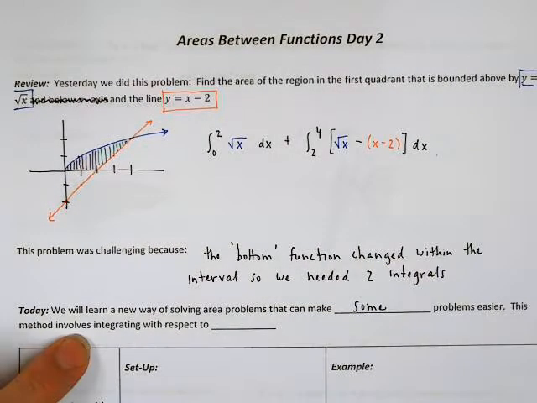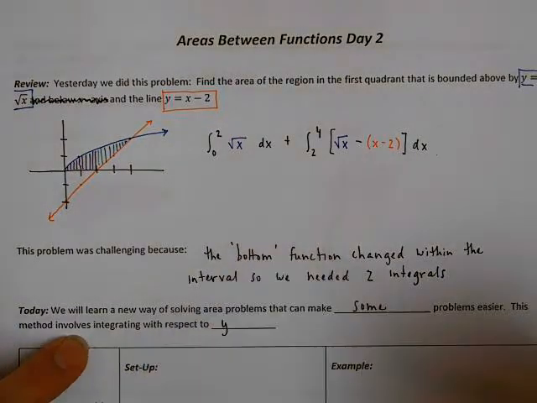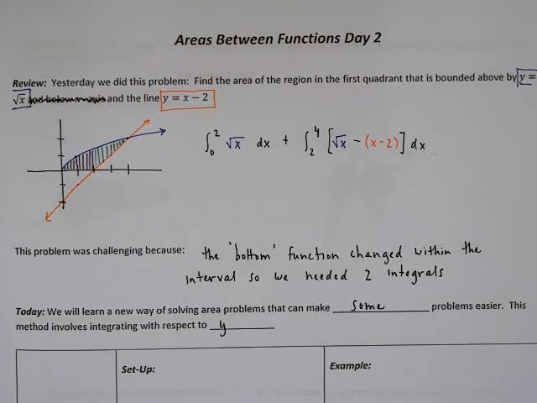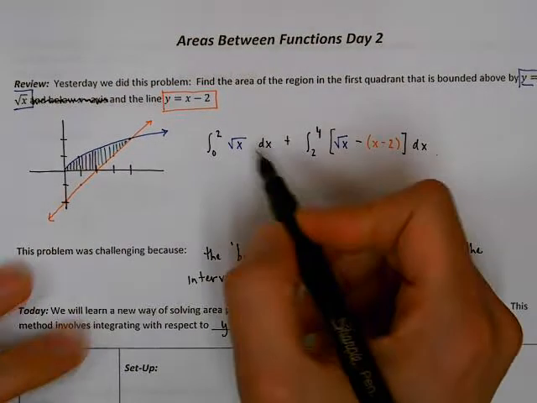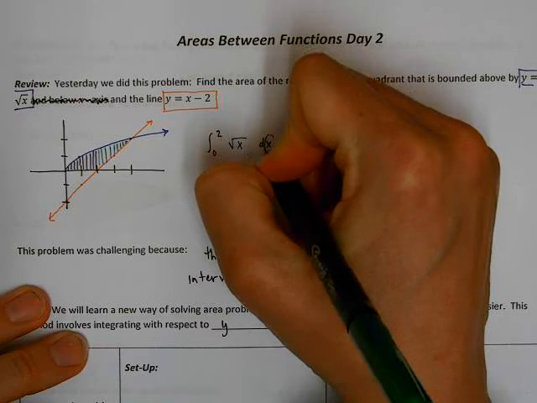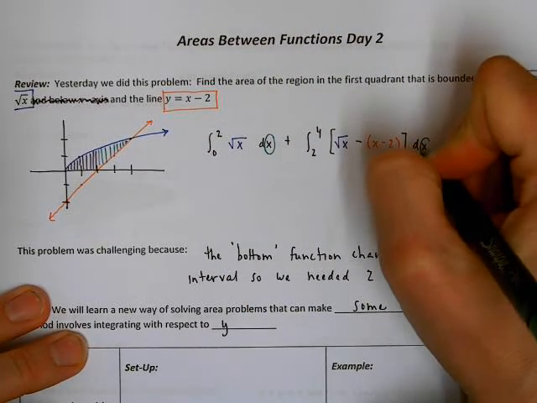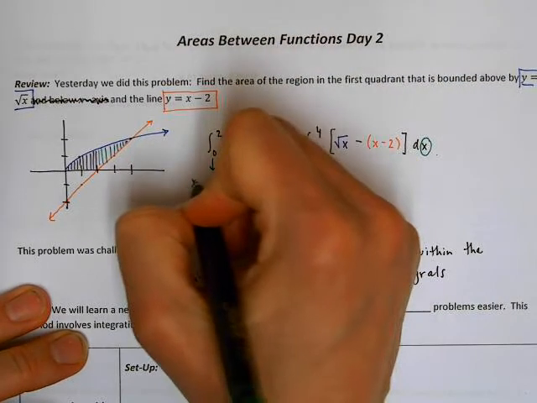And this method involves integrating with respect to y. So before we jump in, here's what I want to note. So far, all of our integrals have been with respect to x, right? So we had dx's. Our limits of integration have been x values.